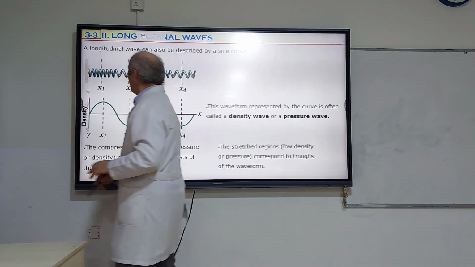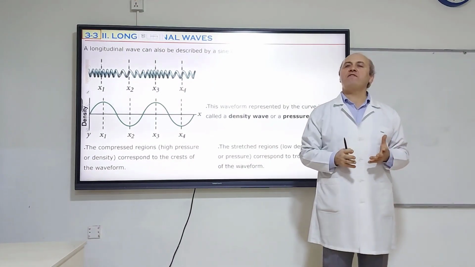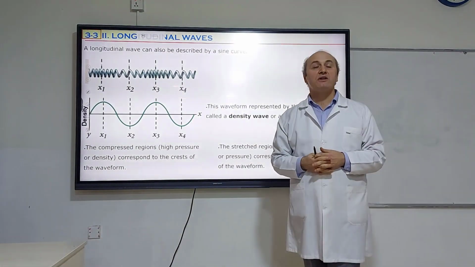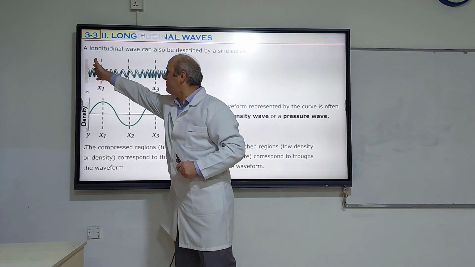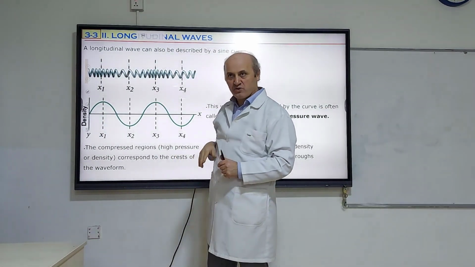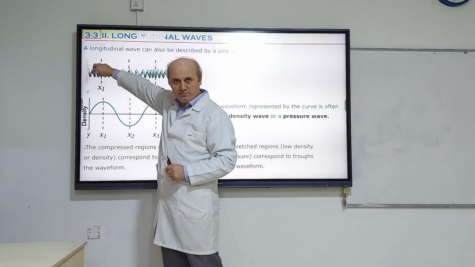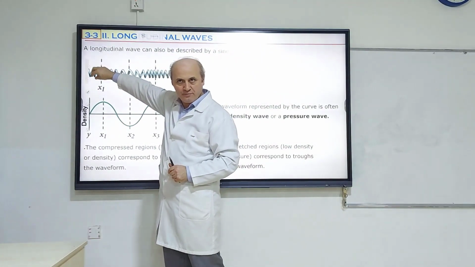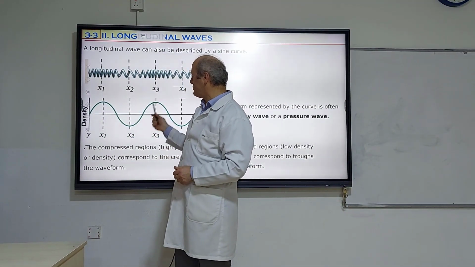Then we can draw a waveform, but this waveform is going to describe how pressure and density are changing in the medium as a longitudinal wave travels. If here is the compressed region, then pressure and density are the highest, as you see. In another compression, another highest point.